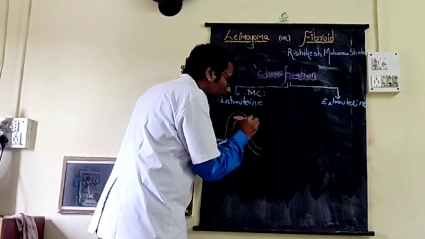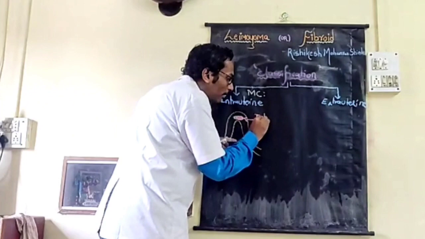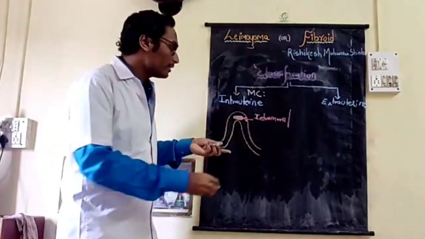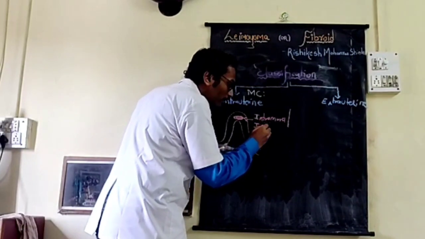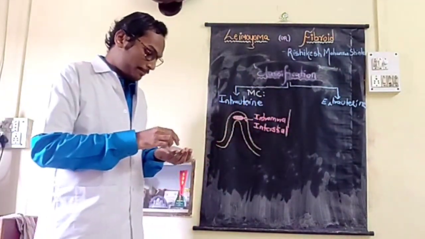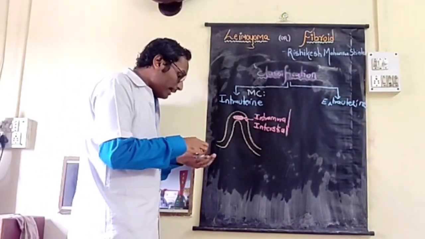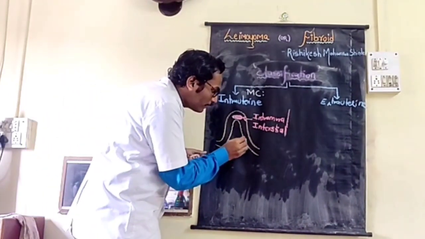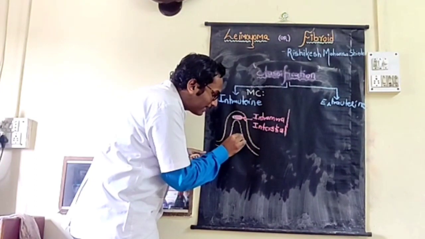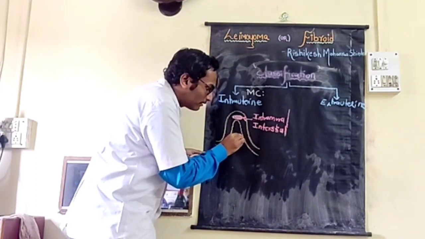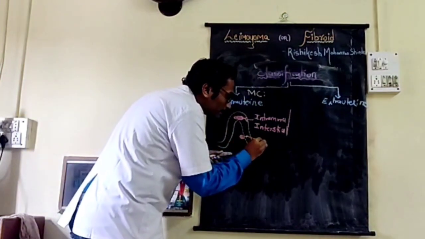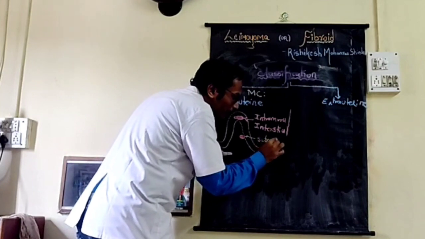this is called intramural or interstitial fibroid. Next, if the fibroid is involving the uterine cavity from inside, this type of fibroid is called submucous fibroid.